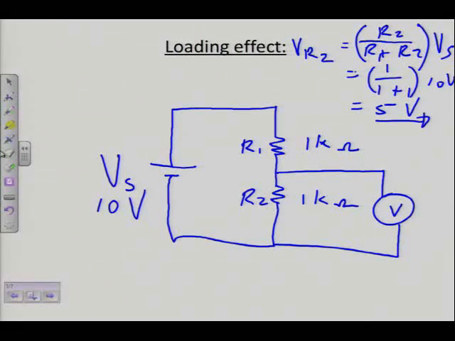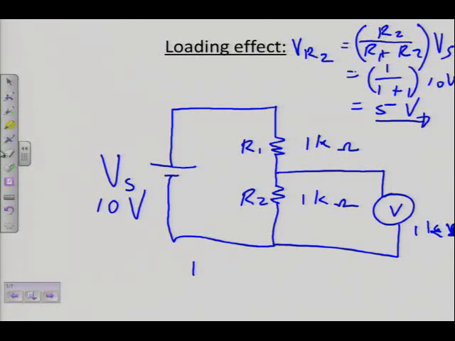Let me explain why. Say for instance, the internal resistance of this voltmeter is low. Say for instance it is 1 kilo ohm. So R2 is 1 kilo ohm. The internal resistance of the voltmeter is also 1 kilo ohm.